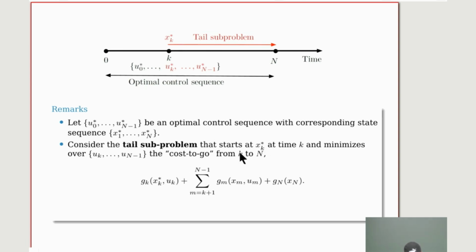That's what I said. Okay, so the tail subproblem we define as any. So k here is arbitrary again, and it minimizes over uk onwards. Okay, so this will be the cost for the tail subproblems.